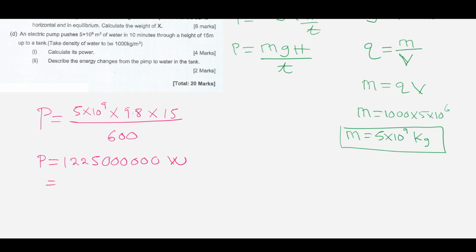So this can also be rewritten as 1225 times 10 power 6 watts, which is, so this is in megawatts, because 10 power 6 would be megawatts. Okay, so that is our power there.